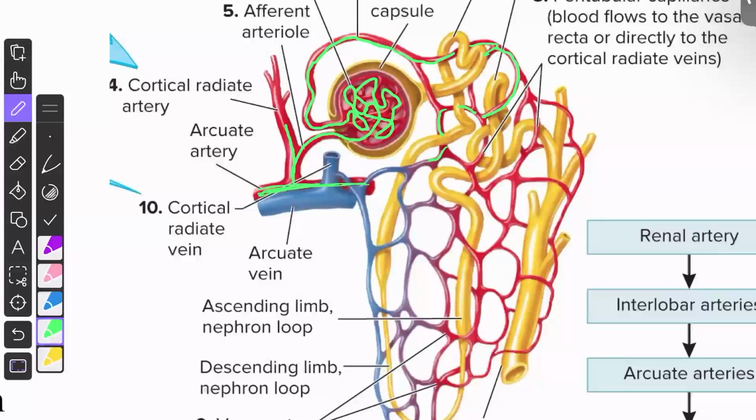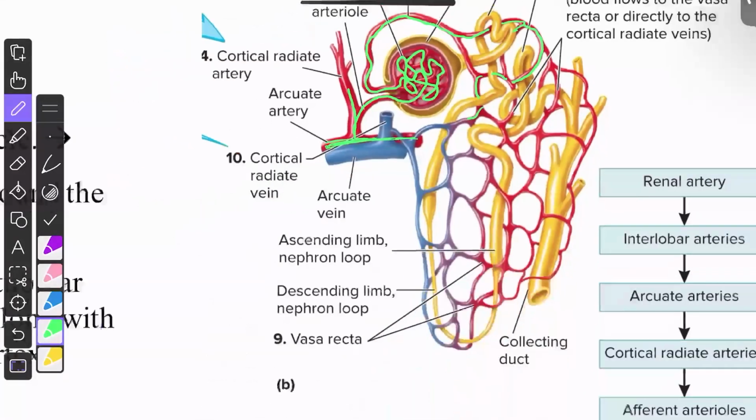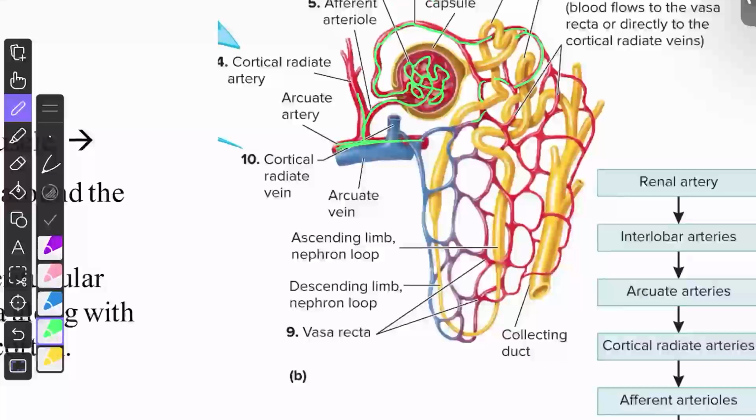In the juxtamedullary nephrons, right, the ones that go way down into the medulla, there is a portion of those peritubular capillaries that we call the vasa recta. Okay, so this is important to note. All nephrons have peritubular capillaries. Only juxtamedullary nephrons have vasa recta. Do I need to say that again?